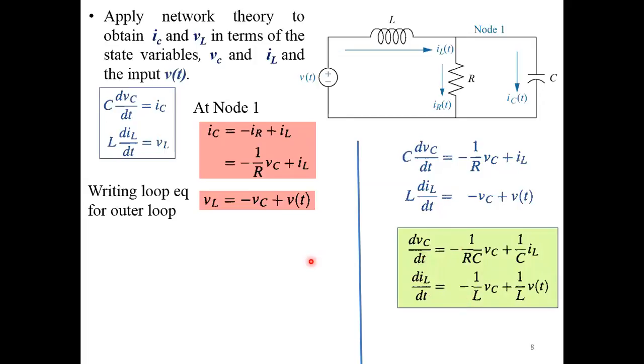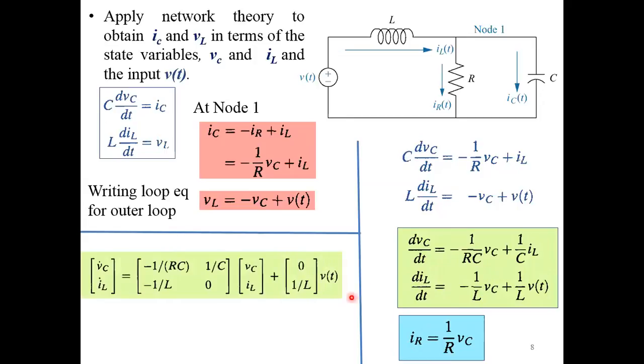From here we can write in the matrix form, and for the output we require IR, which will be equal to VC over R. So here this is the derivative of VC and IL. This is our X derivative matrix. The A matrix will be equal to the coefficients minus 1 over RC, 1 over C, minus 1 over L, and because the IL term is missing here, it will be equal to 0 like this.